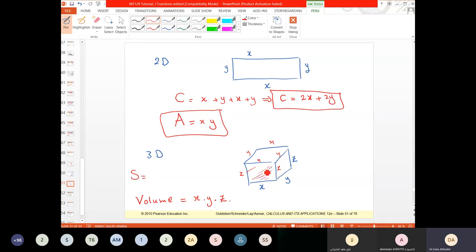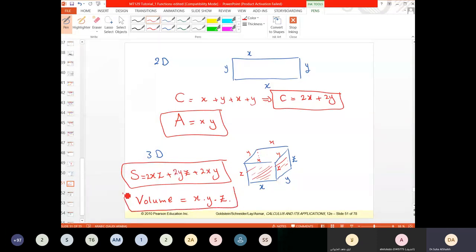It's equal to this face, which is X for Z, and we have 2 of it, 1 here and 1 at the back. And we have this face here, which is Y for Z, and the one that is in the other side as well. So I have a 2YZ. And the top I have XY, and the bottom I have XY as well. I have 6 faces here, and the sum of all the faces is this relation. Okay, so we have the surface area here, and we have the volume.